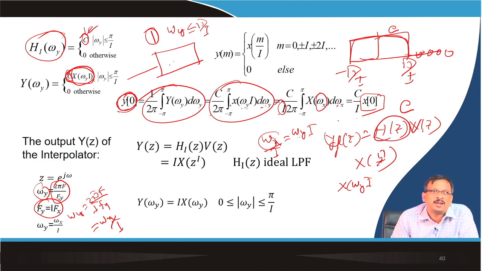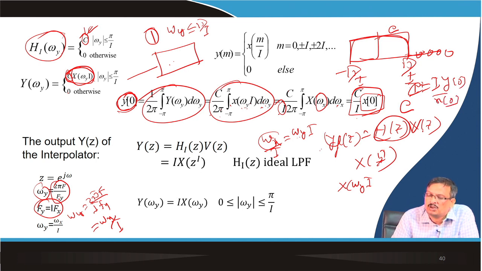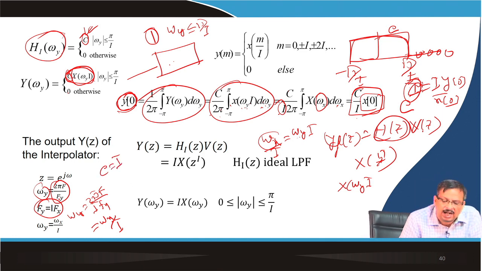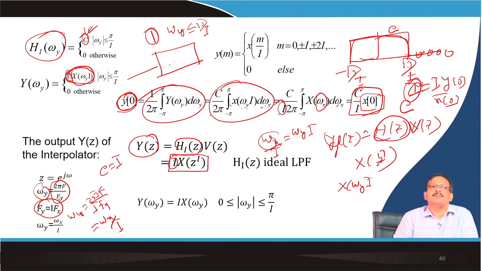So I know that the constant C is nothing but C by I into x0, which must be equal to I. So I can say C is equal to I into y0 divided by x0. In normalized cases, C must be equal to I. If C is I, then Hij is nothing but I, so Y(z) is equal to I into X(z to the power I).